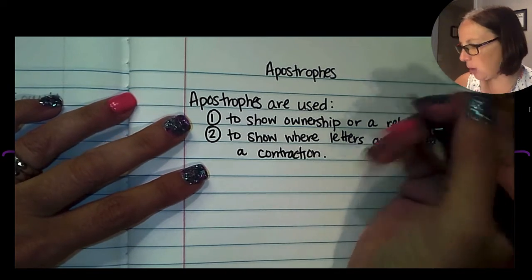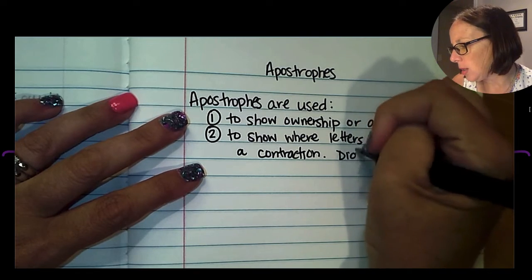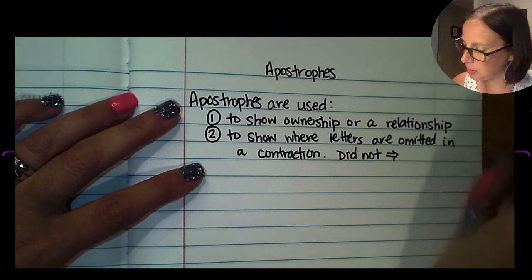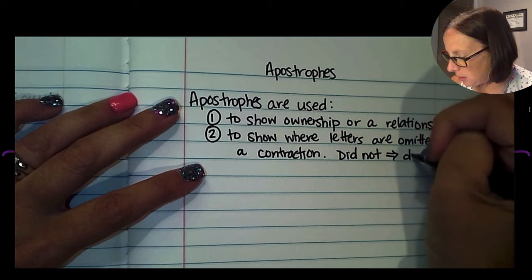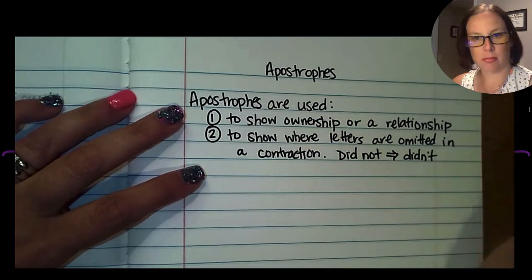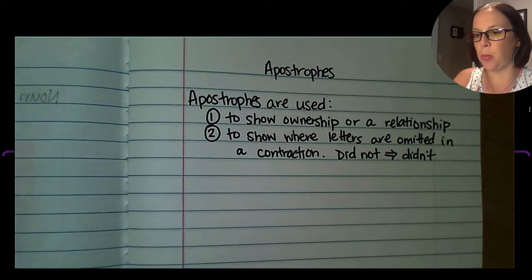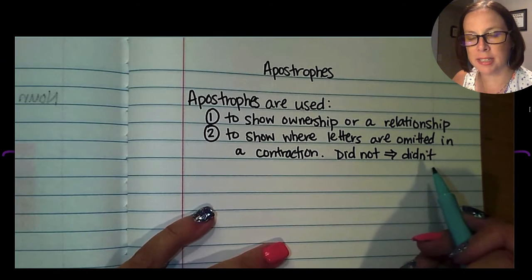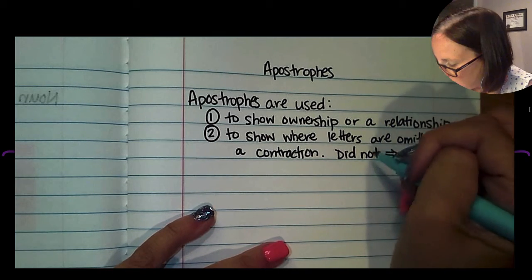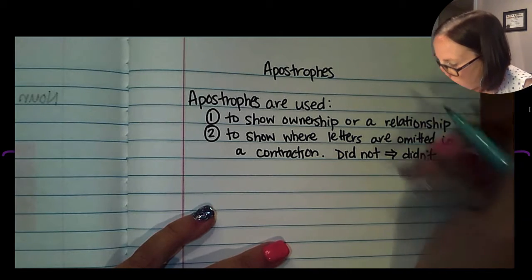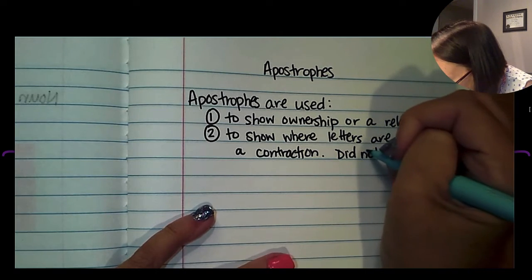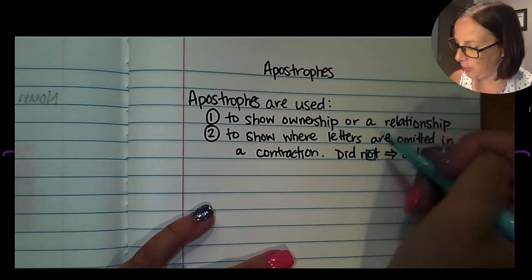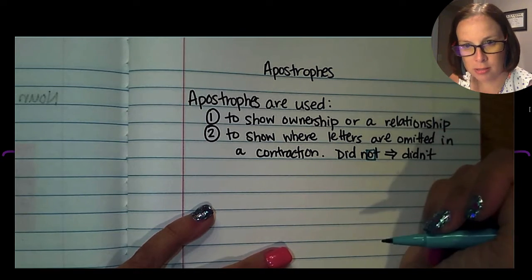So you have the words did, not, and if I wanted to combine those, it becomes didn't, okay? Now, if you notice, when I combined these 2 words, did not, into didn't, see that apostrophe? It is showing that we are taking out the O, that O has come out. The apostrophe goes exactly where that O was, okay?